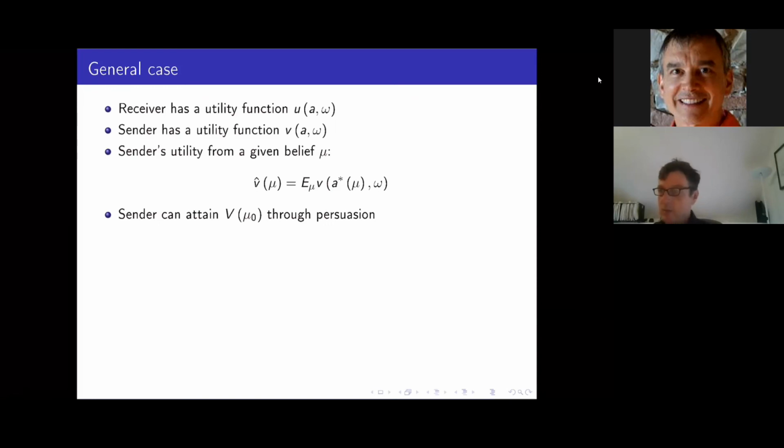And the claim that we are making is that we're going to form the concave closure of V hat mu, and then the sender can attain through Bayesian persuasion precisely the value that is attained at that concave closure, evaluated at the prior belief.